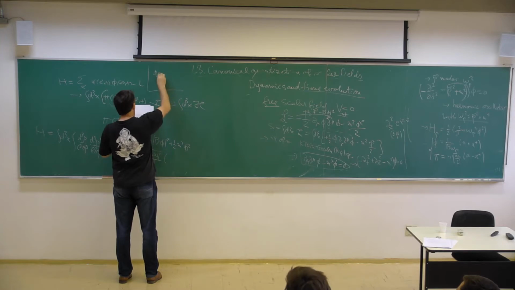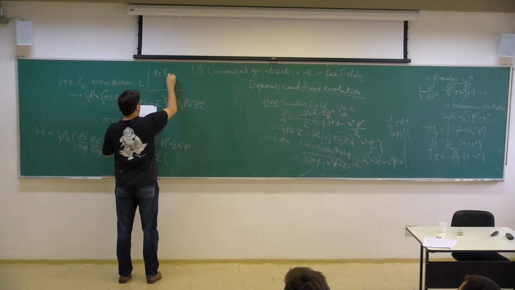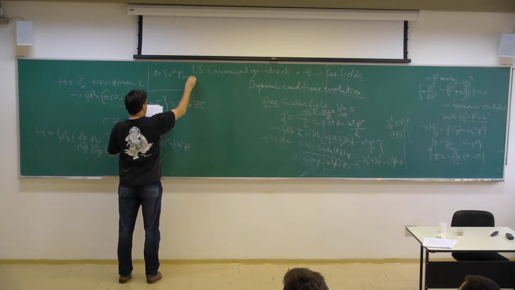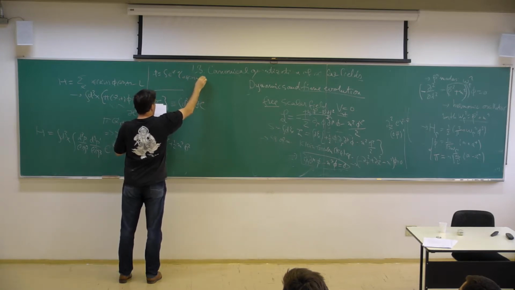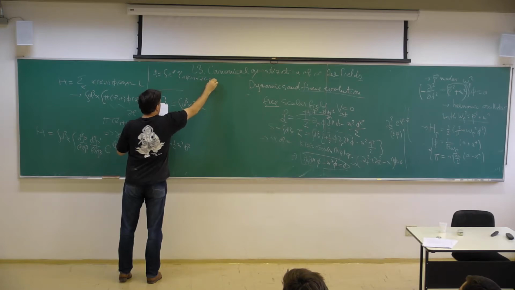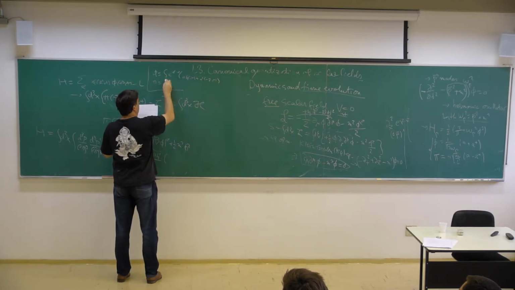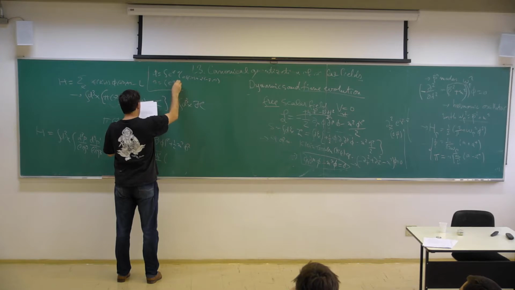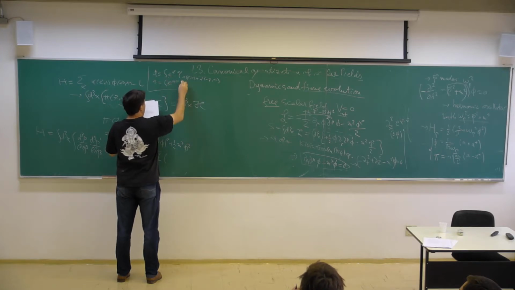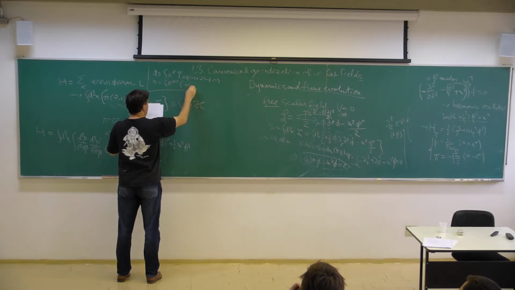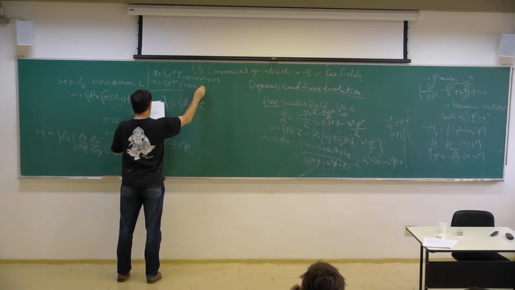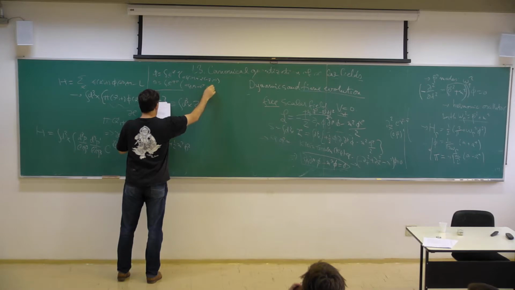We have phi as the integral of e to the ipx, then a of p t plus a dagger of minus p t, and pi is the integral of e to the ipx, but then a of p t minus a dagger of minus p t.